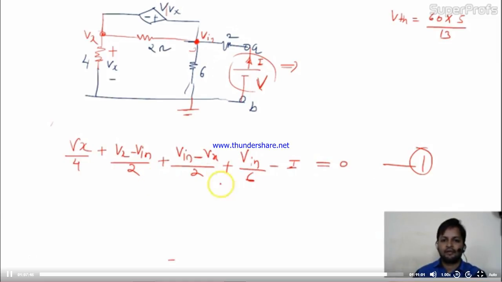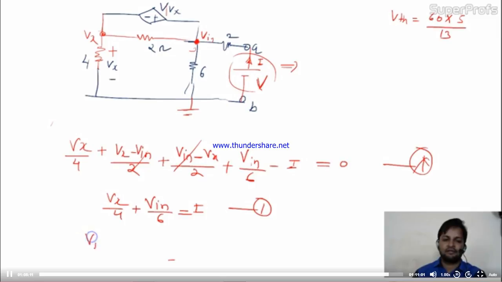See. Now this and this 2 will cancel. You will have Vx by 4 plus V in by 6 equal to I. So this is equation 1. In this there are 3 unknowns, Vx, V in and I. So again a relation is given: V in minus Vx is nothing but 4Vx.